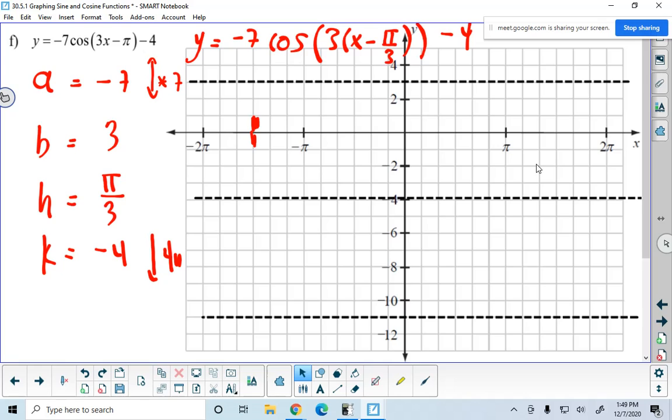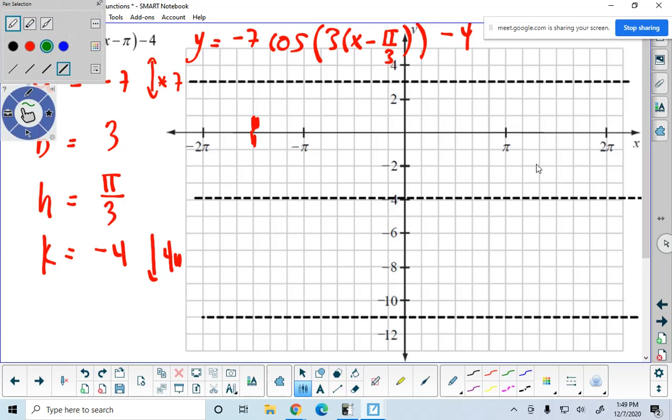So the placement of those 3 lines, which really help me visualize what's going on, are determined by looking at A and K. Now, it is cosine. So if you look at your screen, cosine normally has a start point at the top and it heads down.